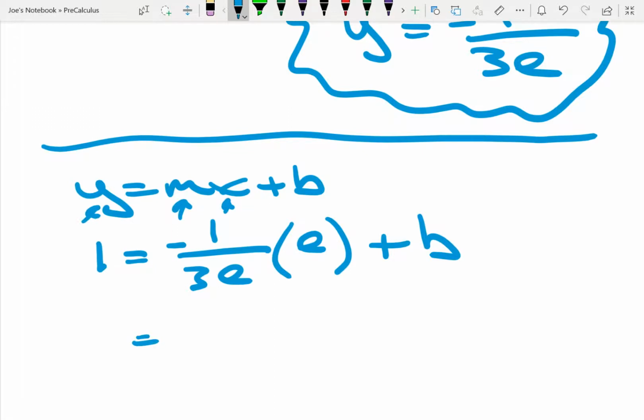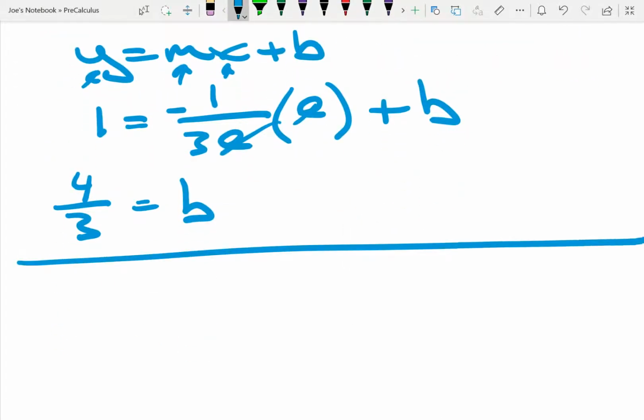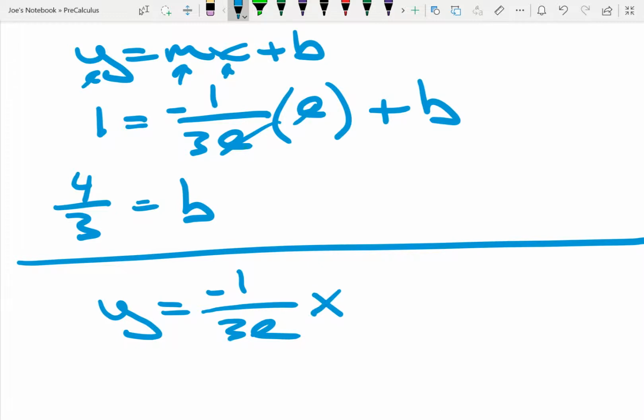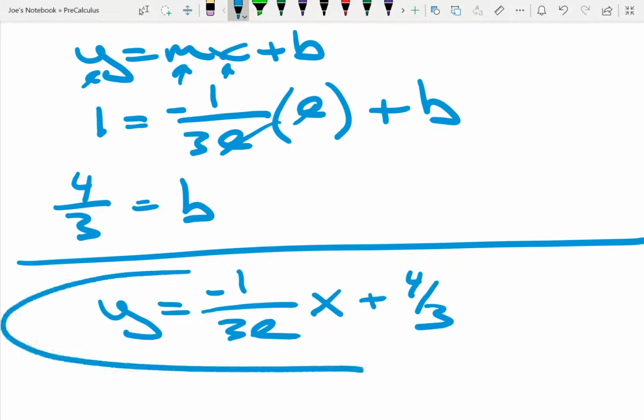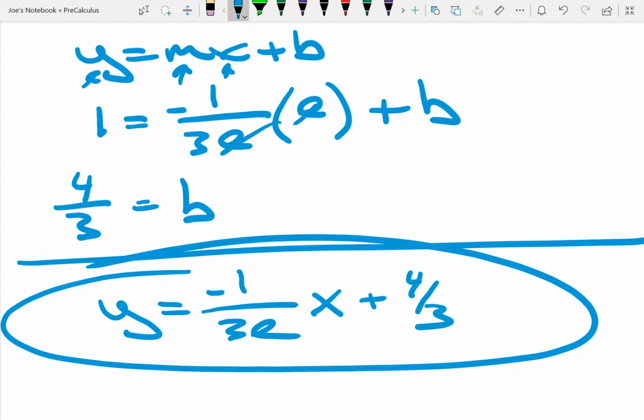The e's are going to cancel out, leaving negative 1/3. Add that to both sides, so that gets me 4/3. So I now have y equals my m, negative 1/3e, times x, plus my b, which is 4/3. And I now have my equation of my tangent line.